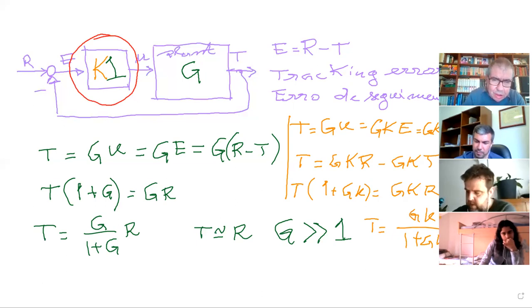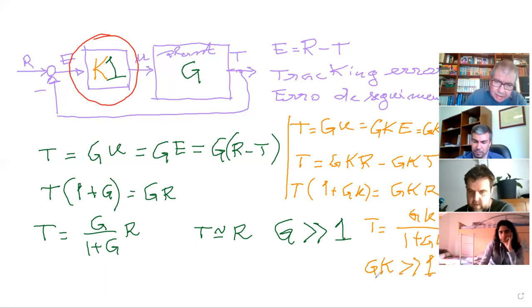So what is now the condition for T being close to R? GK must be much higher than 1, much bigger than 1, that's right.